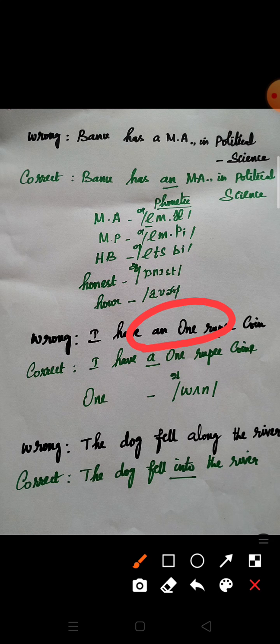But you see here, one should not be pronounced as "own"; it should be pronounced as "wun". ONE, the phonetic transcription of one is wun. So this W is pronounced as wa, and the wa sound is a consonant. So we should put a here: a 1 rupee coin.